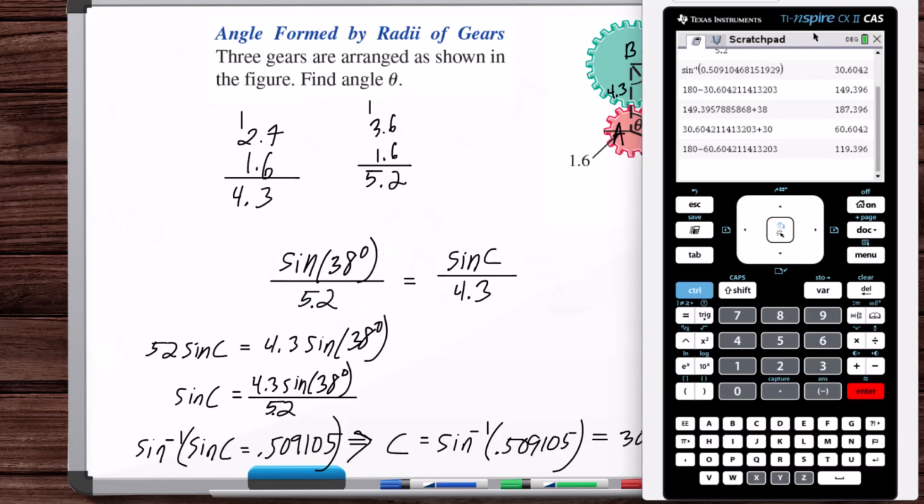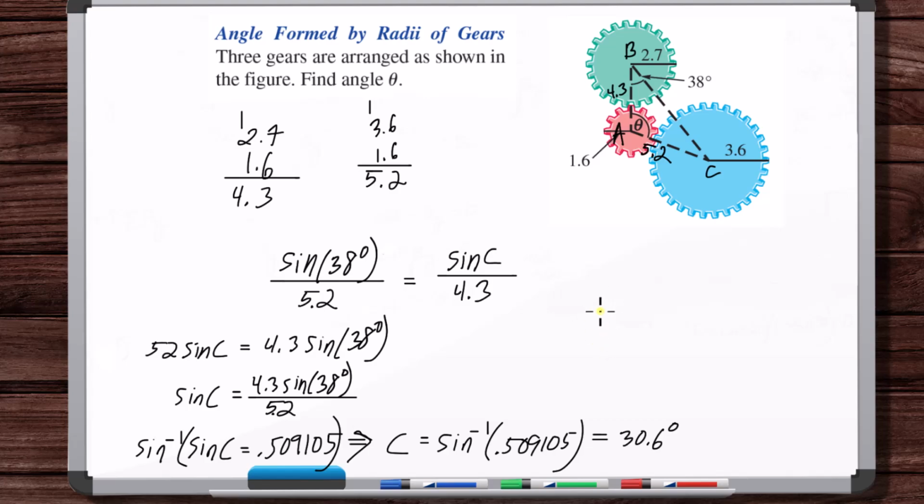So 119.4 degrees. That's the only angle that theta could be. There's no ambiguity here. For this triangle to exist with this side length and this side length and this angle, C has to be this, and angle theta has to be this.